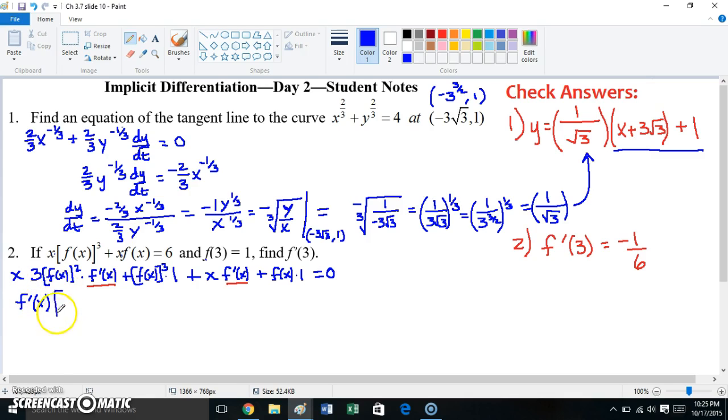So f prime of x times the quantity 3x f of x squared plus x equals negative f of x cubed minus f of x. Okay.